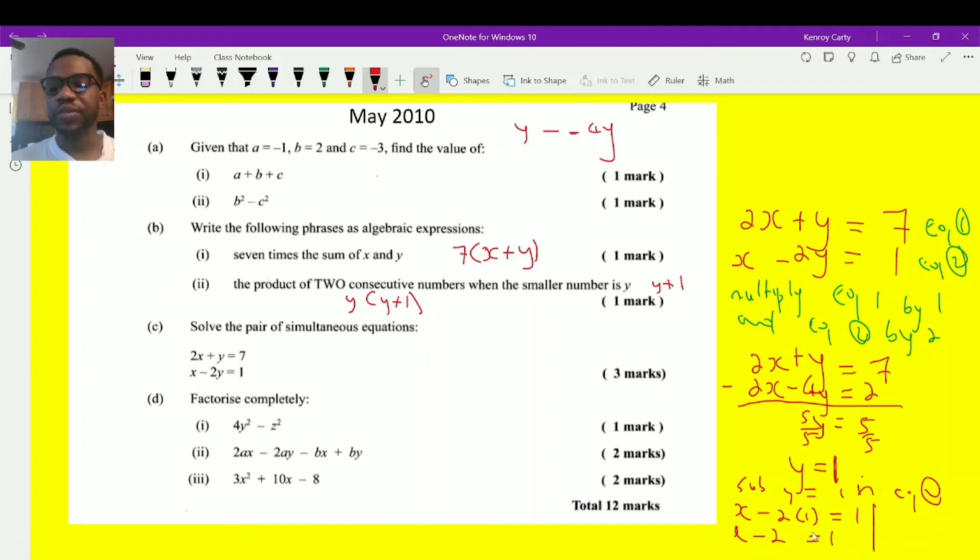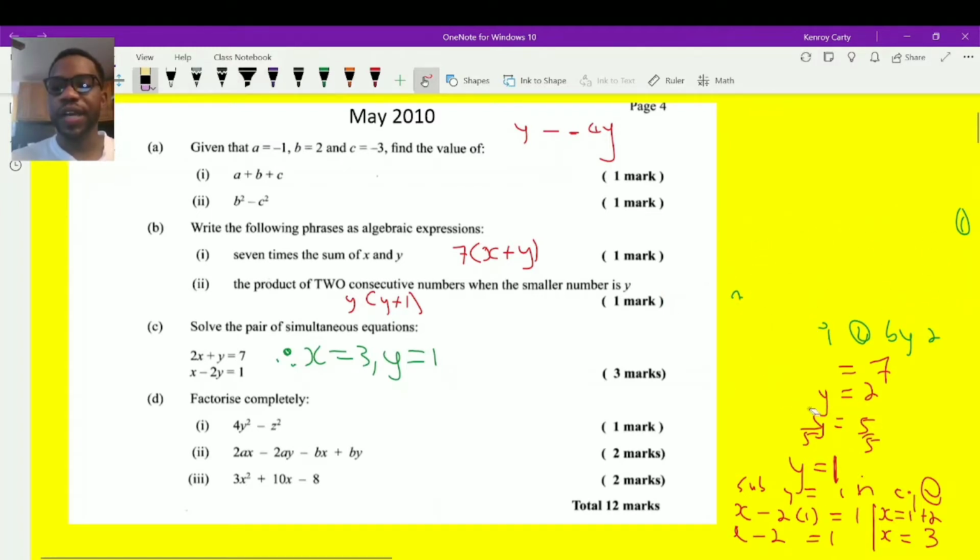Which means all I have to do is bring over that 2, add it to 1, so x is equal to 1 plus 2, x is equal to 3. So at this point, let me write the answer. Therefore, x is equal to 3, as x comes first when plotting graphs, and y is equal to 1. And that would be the end of my question right there.